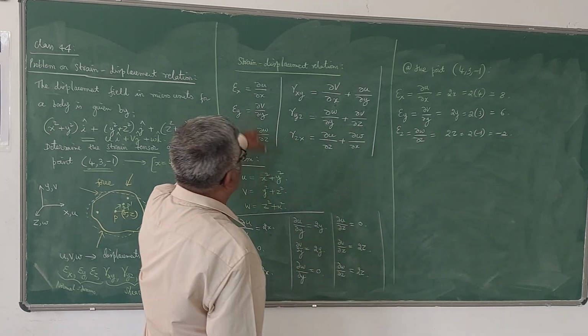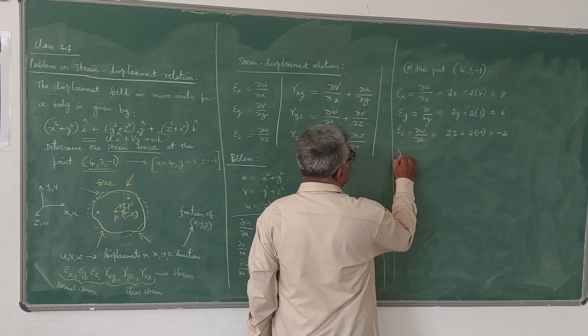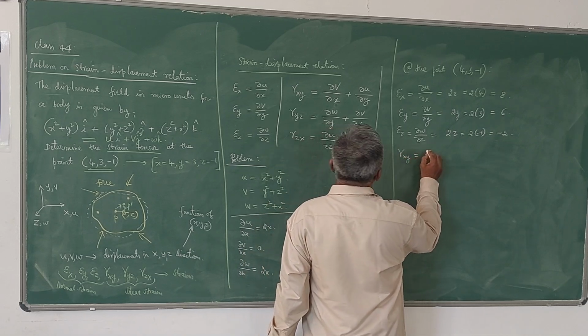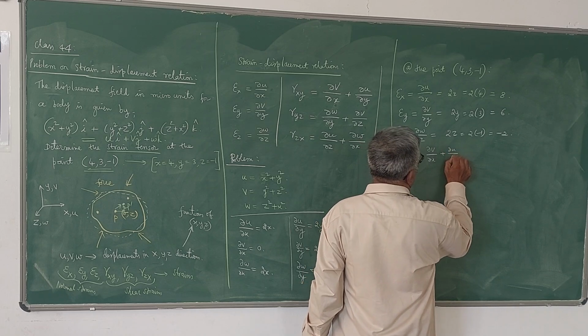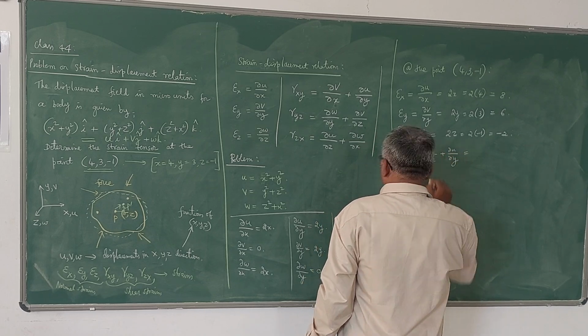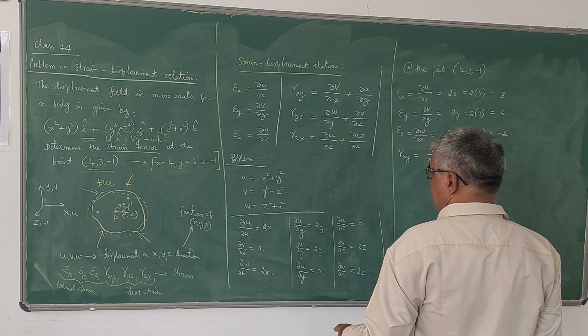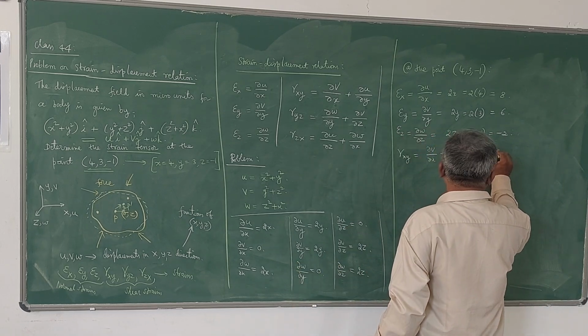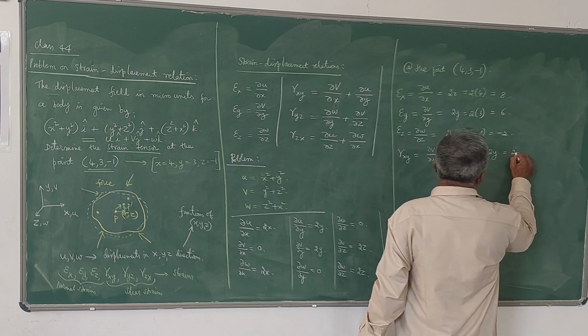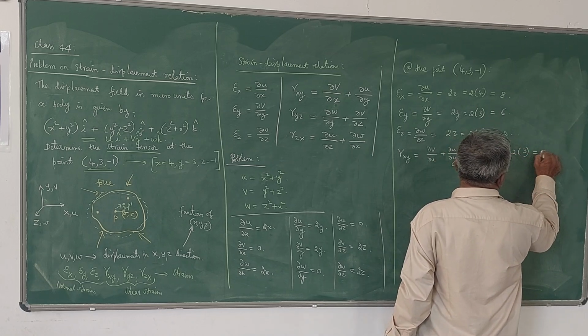So that is the first 3 over. Next 3. Shear strain. Gamma xy is dou v by dou x plus dou u by dou y. Dou v by dou x is 0 plus dou u by dou y is 2y. So it becomes 2y, that is 2 into 3, 6.